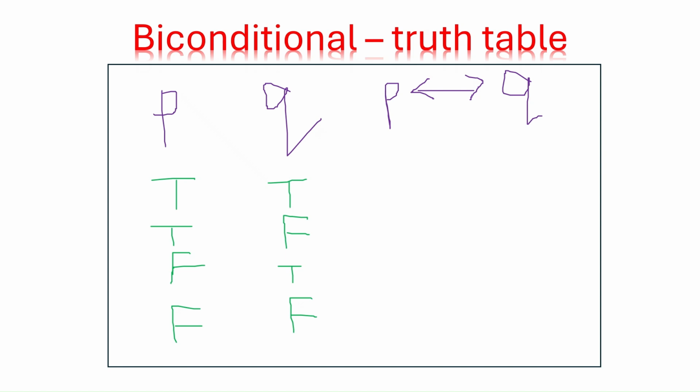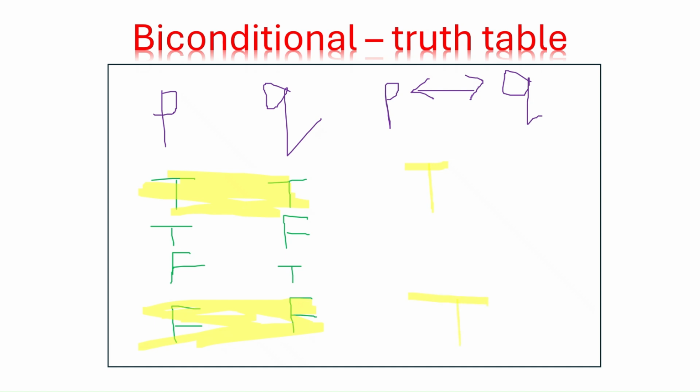Okay. So for your biconditional table, wait, let me just highlight this. So wherever you see two statements that are the same, okay, it'll always be true. So true and true.